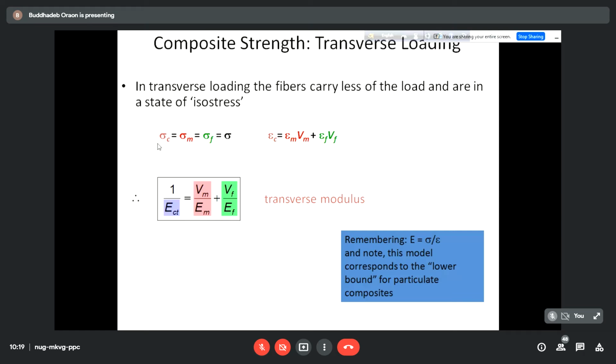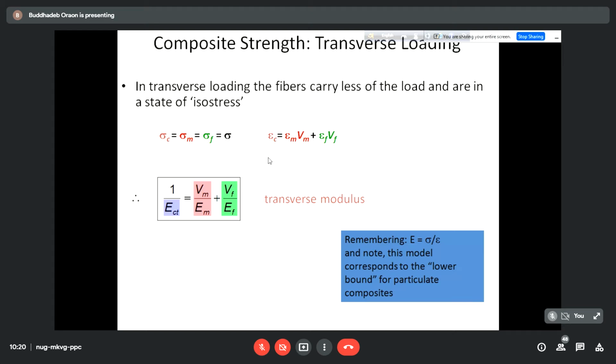Under this, what will happen? Stress, this is one assumption, and it is valid also under transverse loading. You can see any textbook for the derivation, and you can understand. Here, the stress in the composite will be equal to the stress in the matrix, which will be equal to the stress in the fiber. So that is one assumption.